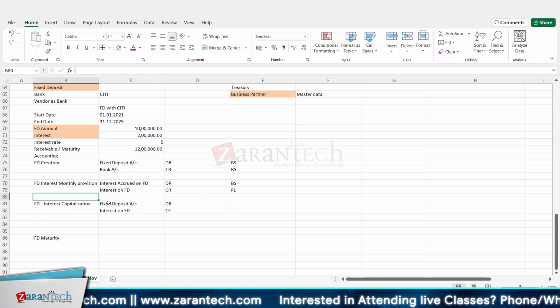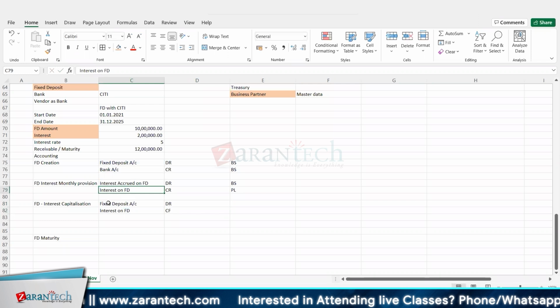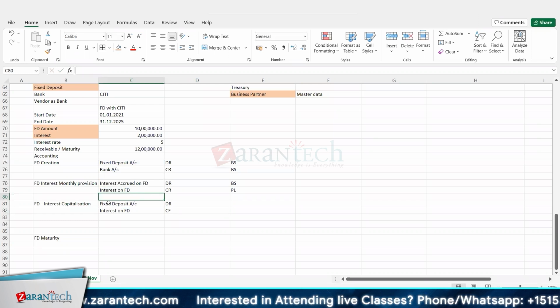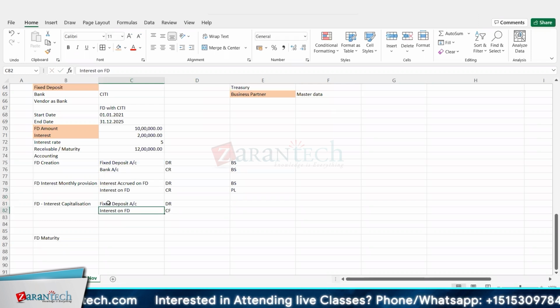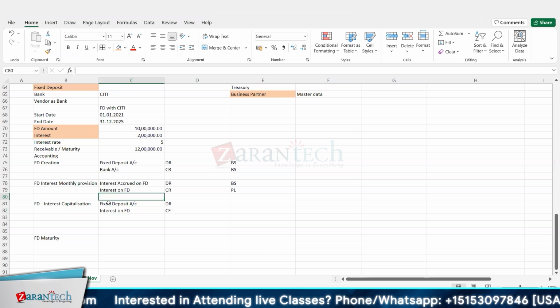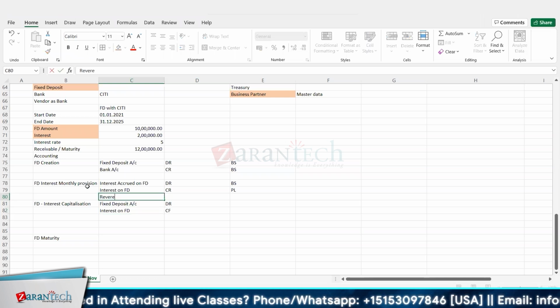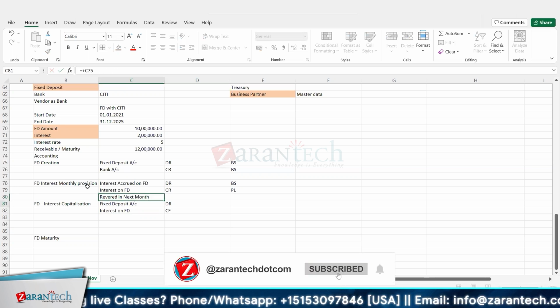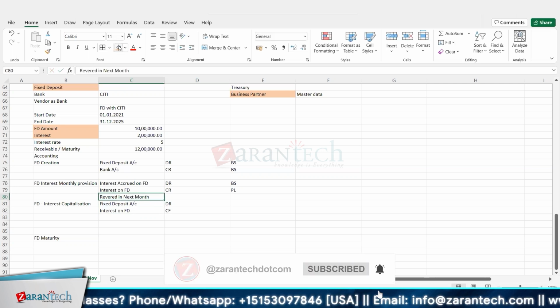And you may say that a month ago you have credited interest on FD, and here also you are crediting interest, so it will be double. No, this provision gets reversed in the next month. So that's why there will be no impact.